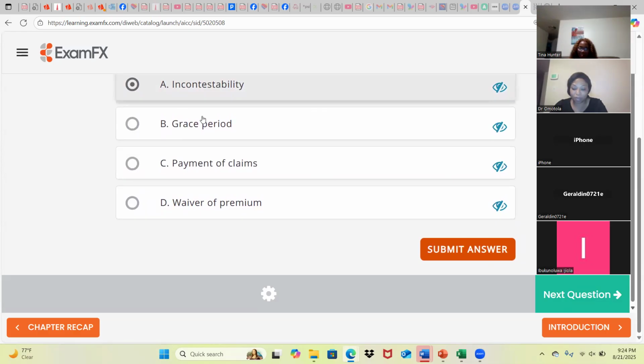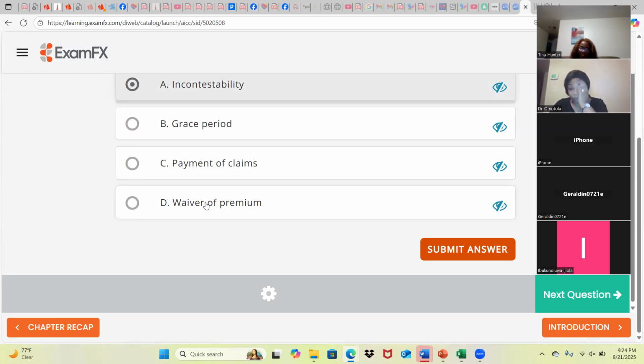I just want to seize this opportunity to say something about the waiver of premium. Remember, there's waiver of premium and there is payer benefit. Those are riders that will cause the policy owner not to pay on a policy when there's a disability.